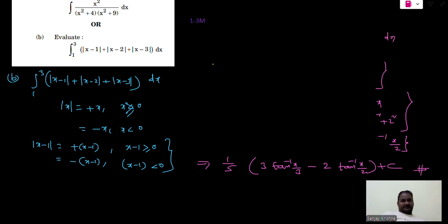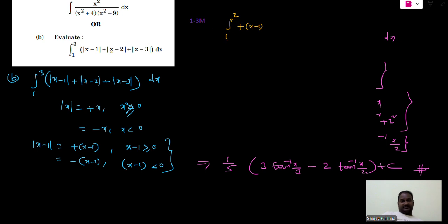Now see, here it is x minus 1, x minus 2, x minus 3, right? So what about the limits now? Integral 1 to 2: modulus of x minus 1 will become positive x minus 1. 1 to 2 is less than 2 only, no?